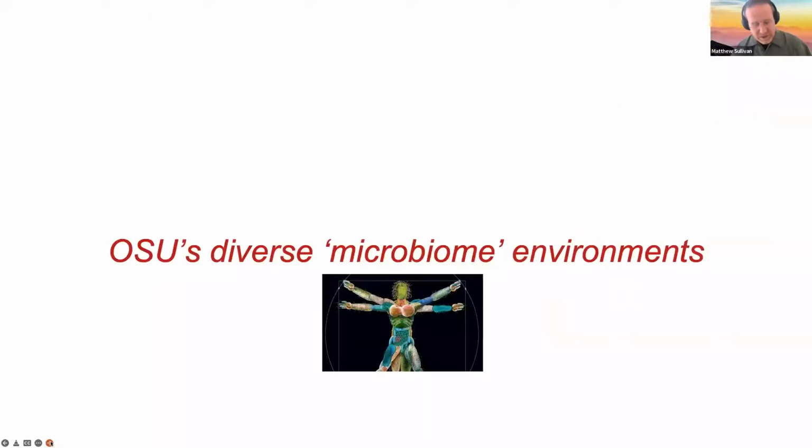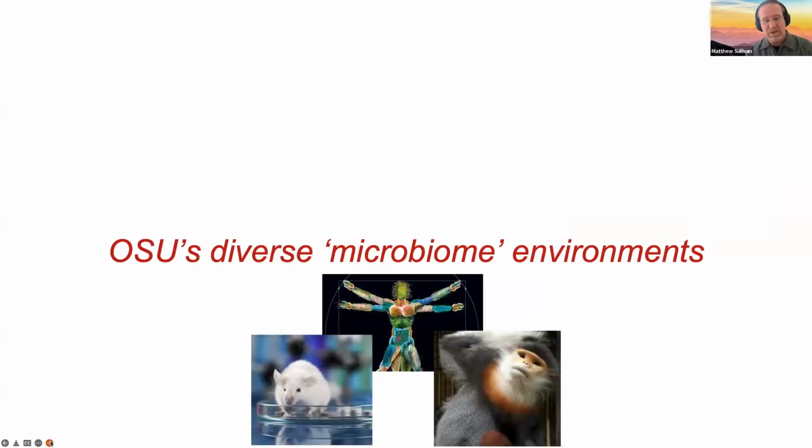And for these reasons, I think because of this long history, Ohio State has a real breadth of environments that we study. A lot of times when we talk about microbiome science, we often think about the human microbiome, and I think a lot of centers are very focused on the human microbiome.